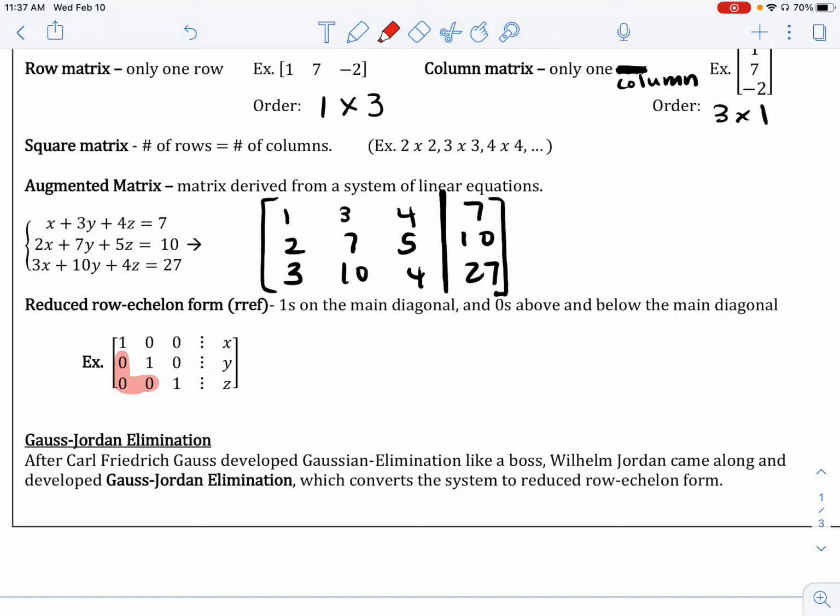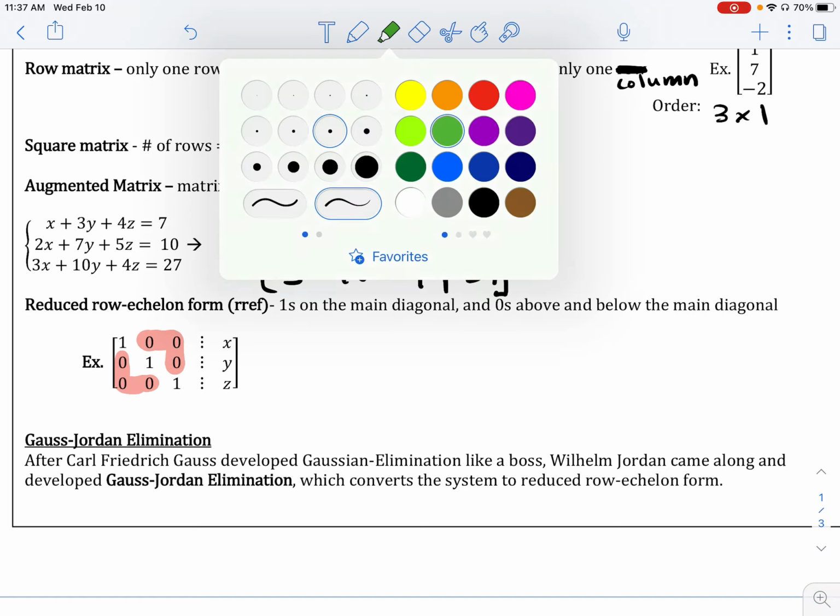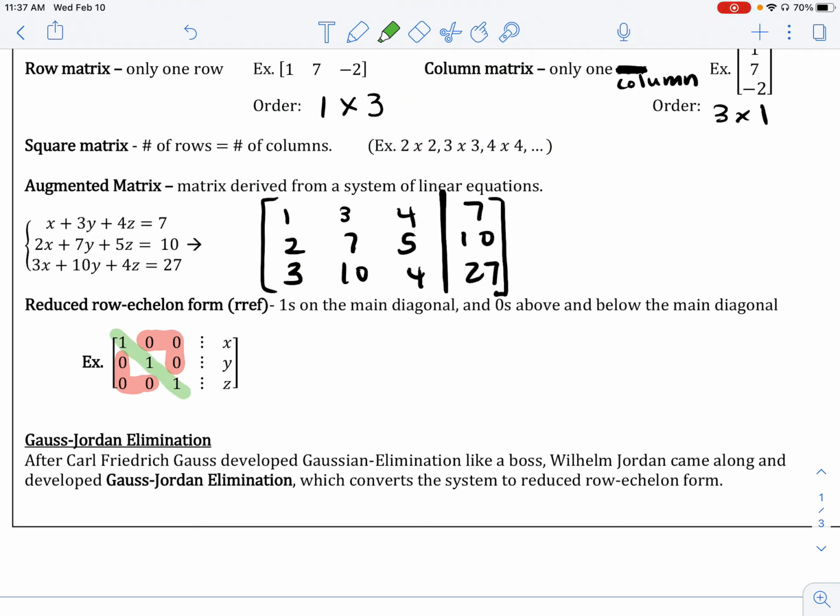So we're also going to have zeros here as well, so that we just have ones down the main diagonal. And this is what's known as reduced row echelon form. It's like row echelon form to the next level. And this process was developed by someone named Wilhelm Jordan, and he just continued on with the Gaussian elimination that Carl Friedrich Gauss first developed.